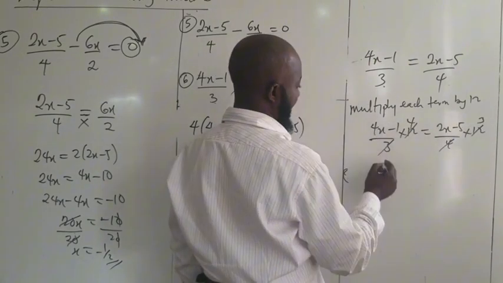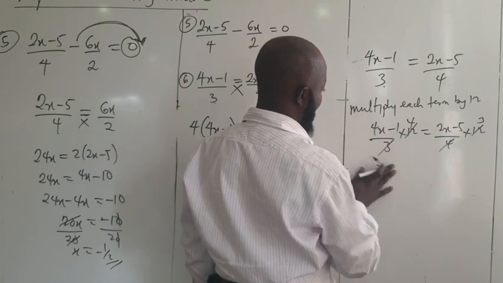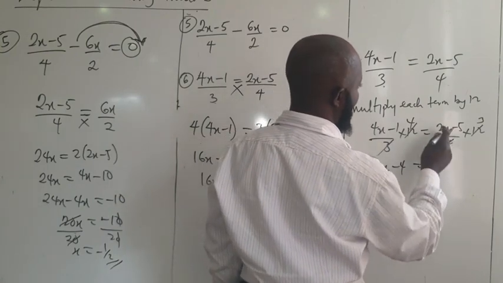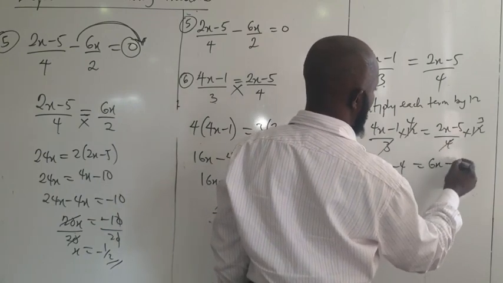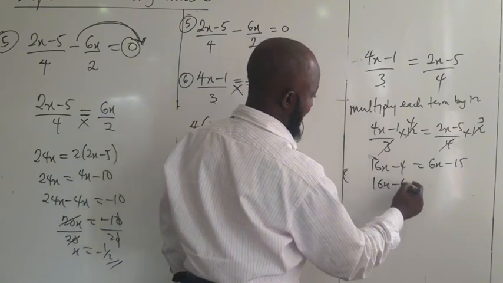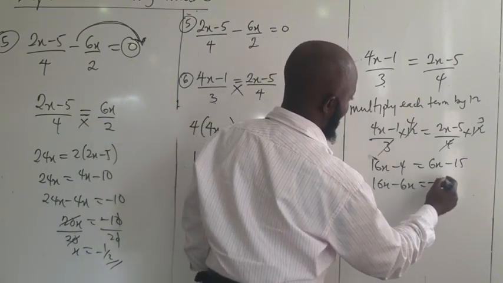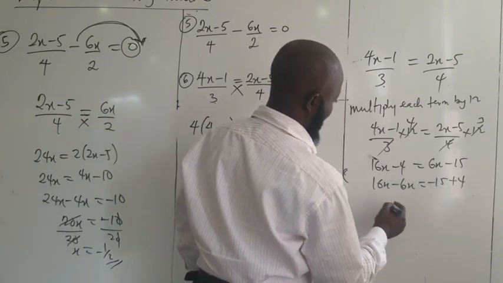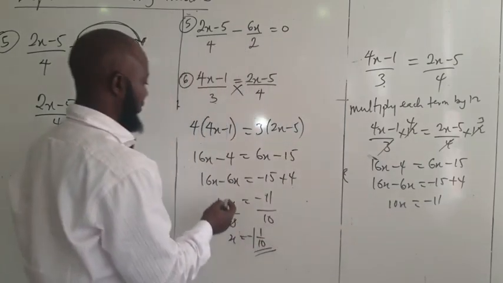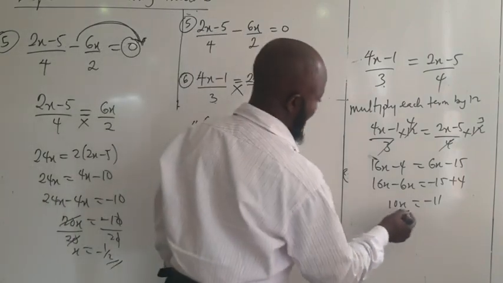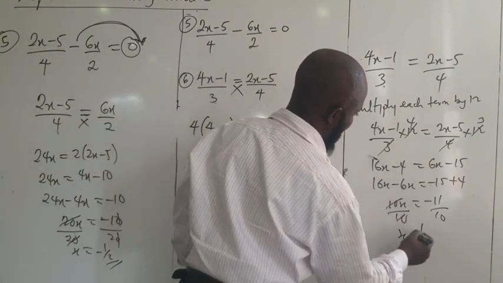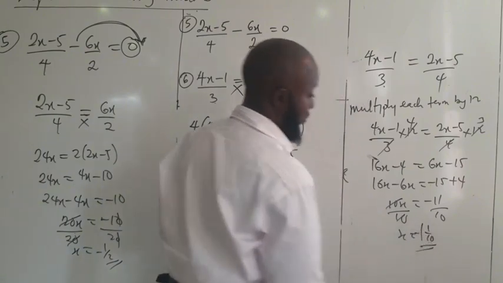So 4 times this gives us 16x minus 4 equals 6x minus 15. So collect like terms: 16x minus 6x equals minus 15 plus 4. So this is 10x equals minus 11, which is the same thing here. So divide by 10 on both sides. So x equals minus 1 whole number 1 over 10, which is the same thing.